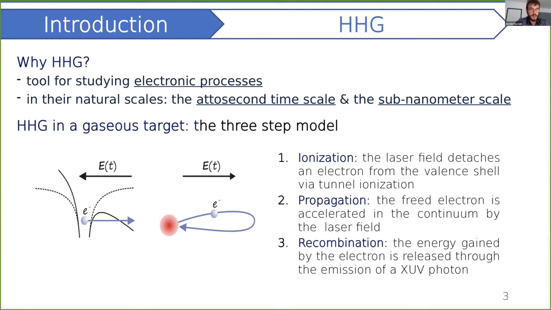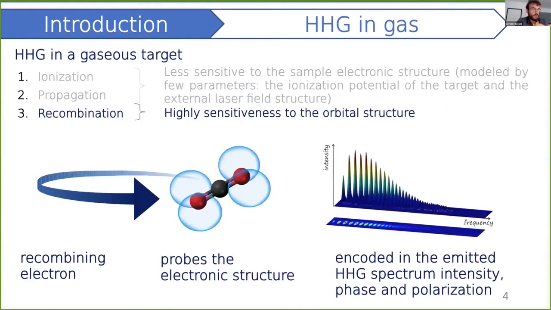It is then accelerated in the continuum by the laser field, and after a certain time, it can recombine with the ion, emitting a high energy photon. This description in terms of trajectories allows a straightforward interpretation of HHG as a self-probing spectroscopy tool, where basically we take an electron from the system and use it to probe the system itself.